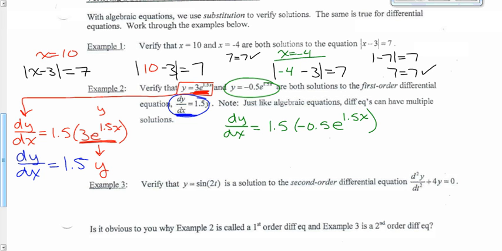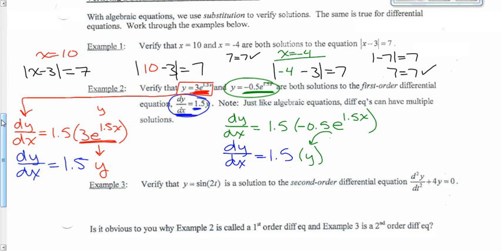In blue, I start with dy dx, I have that. 1.5, I have that. And then I have this thing, negative 0.5 e to the 1.5x, which is also known as y. So I can substitute that in. And again, that gives me the same dy dx is 1.5y. So all I've done is verified that these equations are solutions to a differential equation. That's all I've done so far.